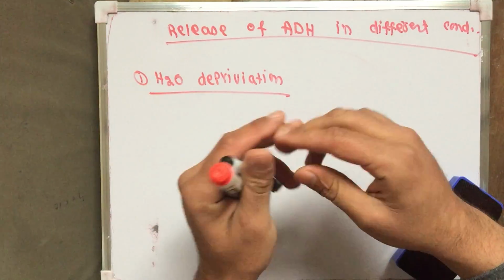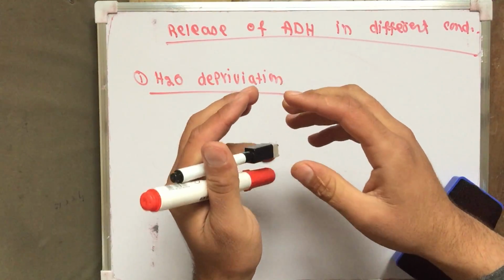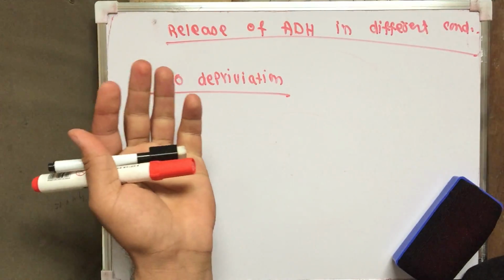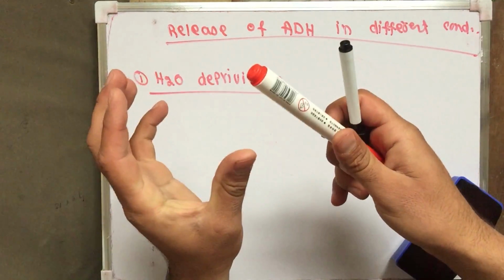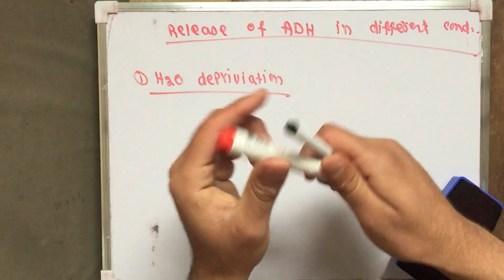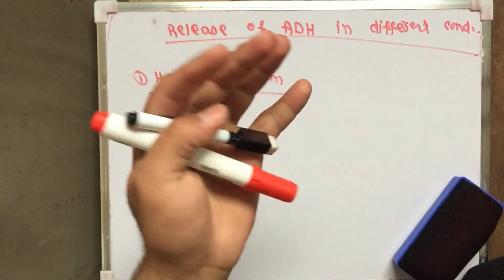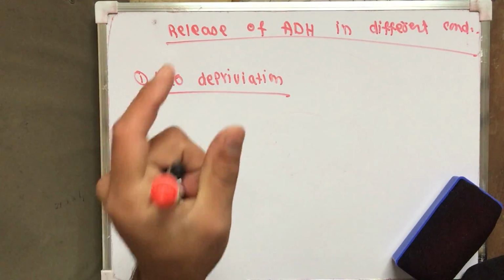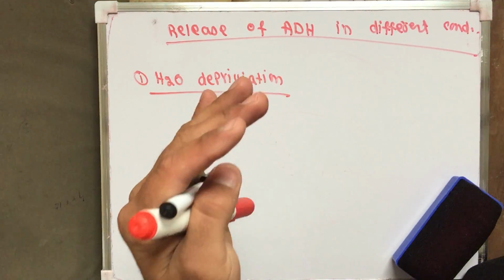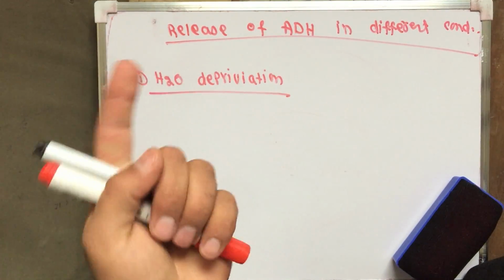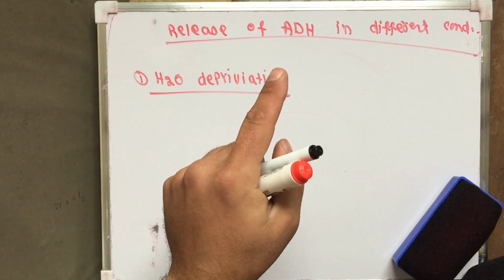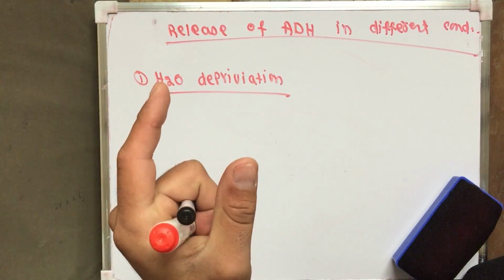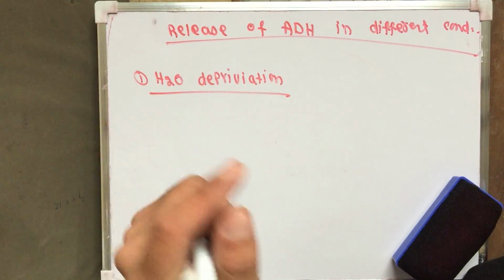Whenever there is a decreased amount of water in the blood, then antidiuretic hormone is produced. The mechanism we have discussed before. Whenever antidiuretic hormone is released, it goes to the kidney and causes the mechanism which we just discussed. What happens? It causes the reabsorption of water from the nephron into the blood vessel of the kidney. Thus, the water level of the blood increases and the problem is solved.